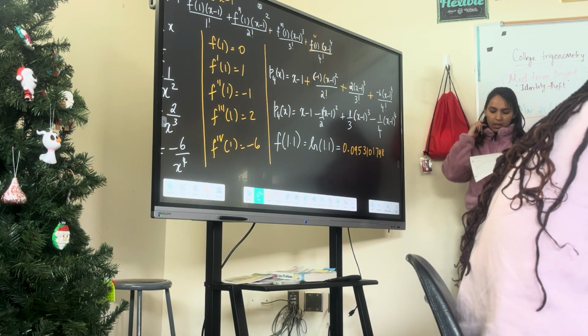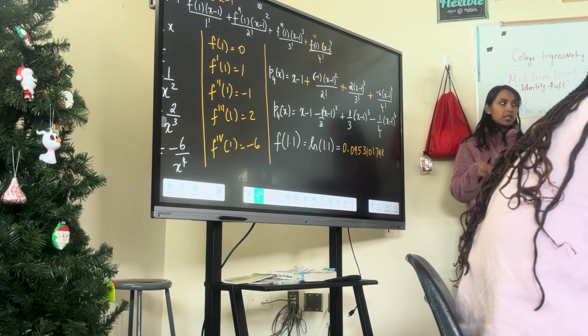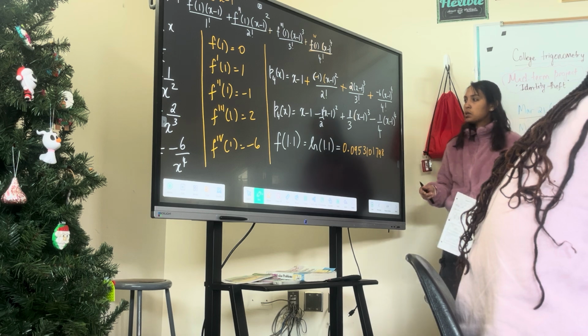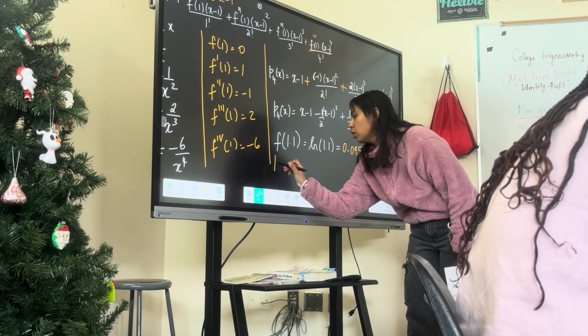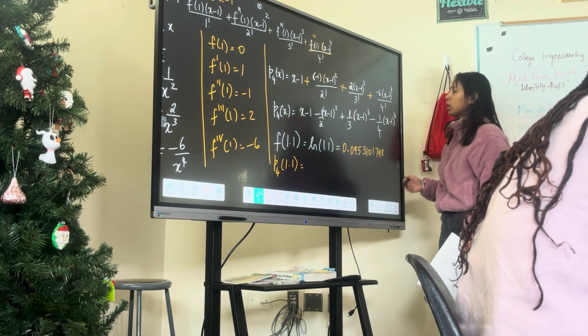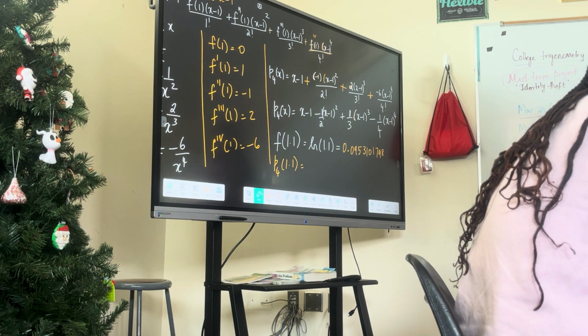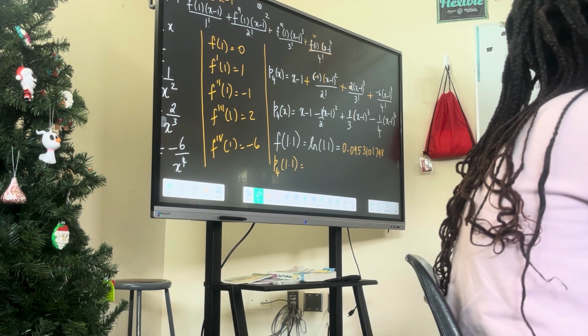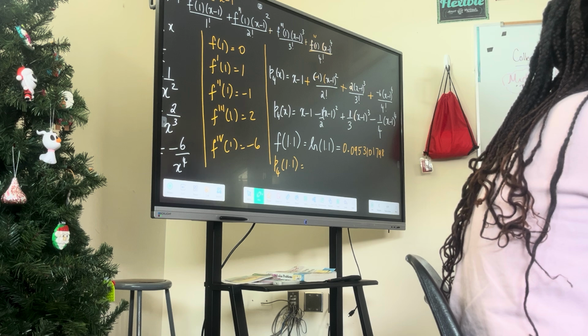Okay. Now we're gonna use our Taylor polynomial to approximate it. So P sub 4 of 1.1 would be, you're gonna plug in 1.1 in all of those. Do you guys know how to do everything in one step on the calculator? Because if you're doing it step by step, it's gonna take forever.